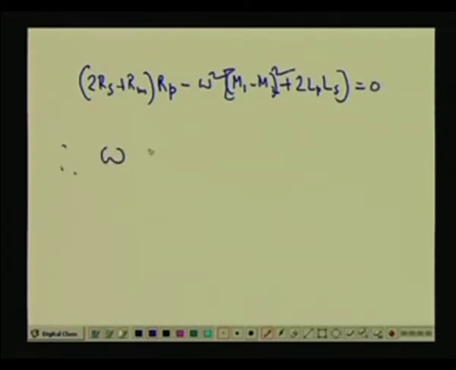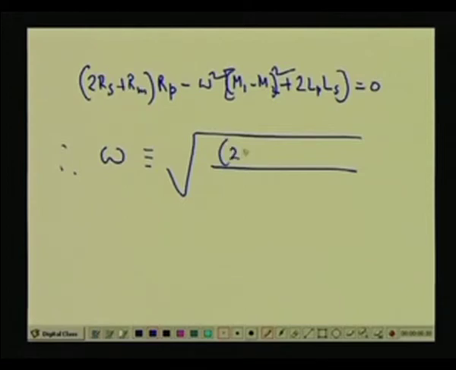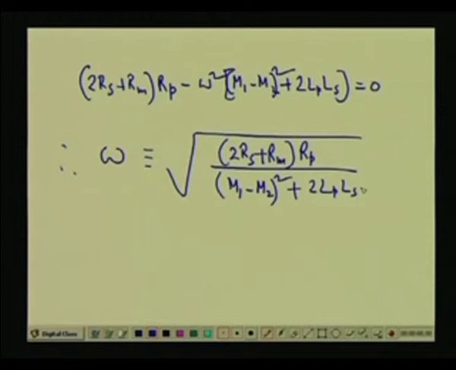Therefore, omega will be equal to root over (2 Rs plus Rm) Rp by ((M1 minus M2) whole square plus 2 LP Ls), right.